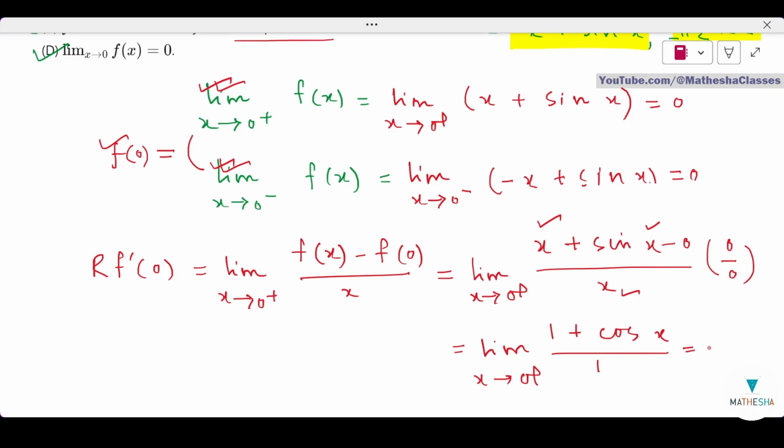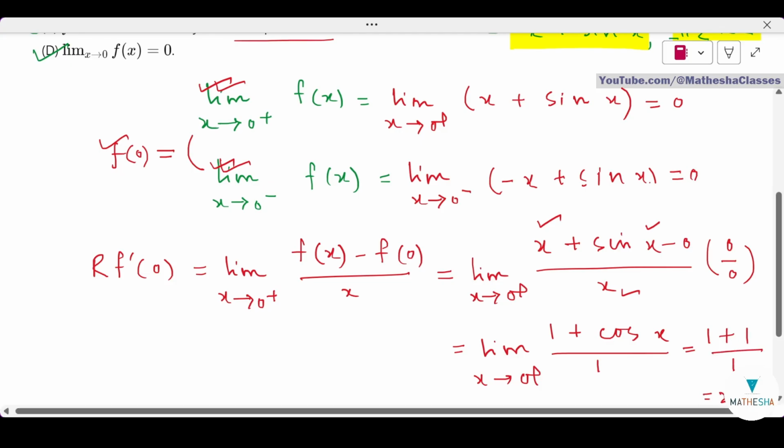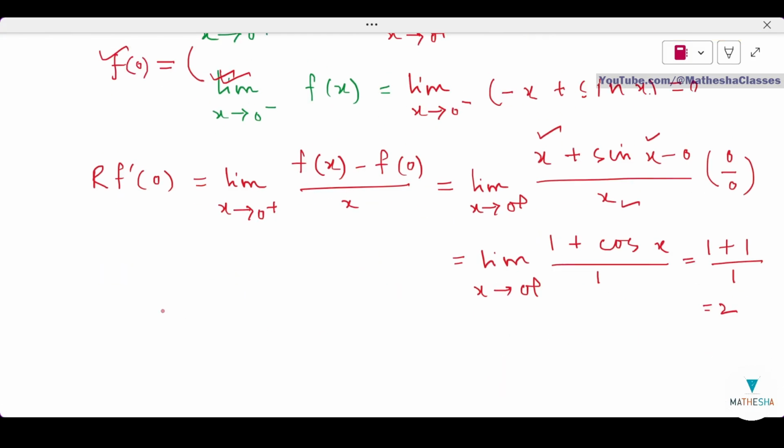So by putting x equal to 0, we'll be getting cos 0. That means we'll be getting 1 plus 1 by 1, so that is 2. So that is the right hand derivative at 0.